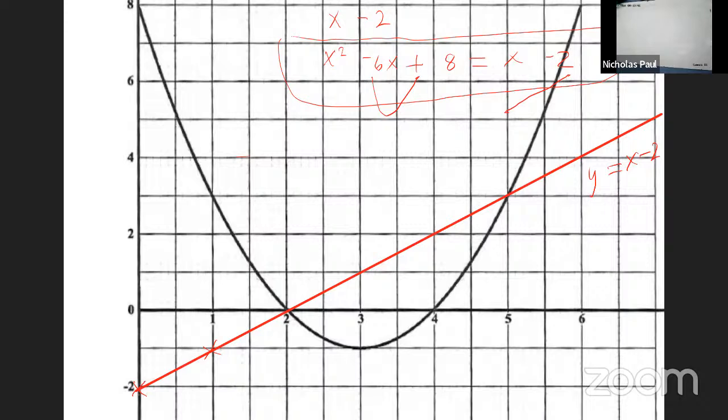To solve 2 equations graphically, we simply draw the corresponding graphs and read off their points of intersection. Take out the word sketch and put draw, because it has to be accurate.